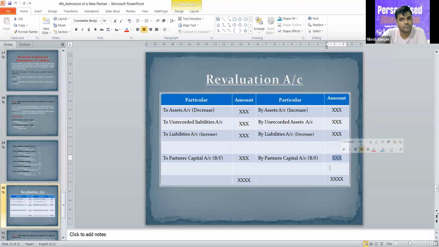The debit side. So capital generally increases on the credit side and decreases on the debit side. So profit will increase the capital and loss will decrease the capital. So if it is on the debit side of the capital account, then it is loss.